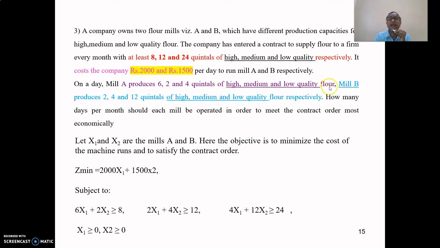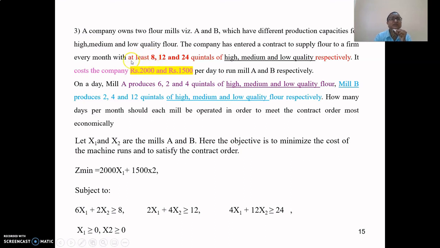So from mill A and mill B combined, mill A high is 6 quintals and for mill B is 2 quintals. So here it is 6 x1 plus 2 x2 greater than or equal to 8, means at least we have to produce to meet the demand. More than it is okay, but it should not be less than 8.